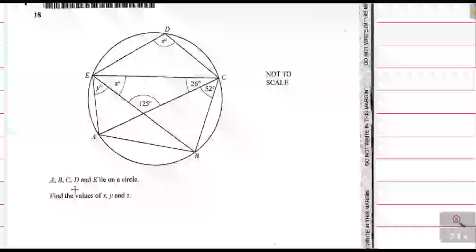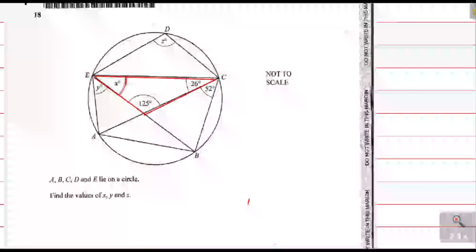Question 18. A, B, C, D, and E lie on a circle. Find the value of X, Y, and Z. We have to calculate the angle X. This is the angle X, and this angle lies in this triangle, and the sum of interior angles of a triangle is equal to 180. Therefore, we can calculate angle X by using this property.